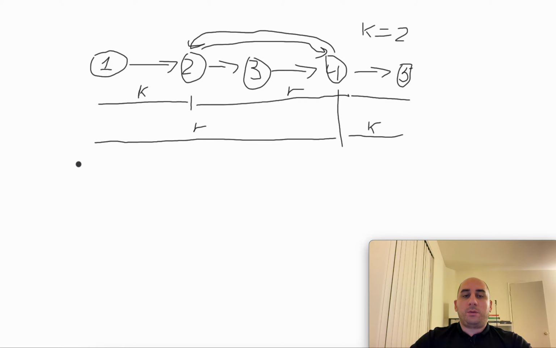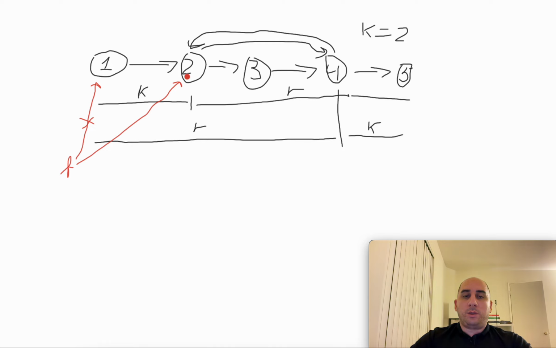So the first thing we are going to do is create f, which is the first node, which points to the head of our list. So we are going to move that k distance, and when f is pointing here, we found our first node.